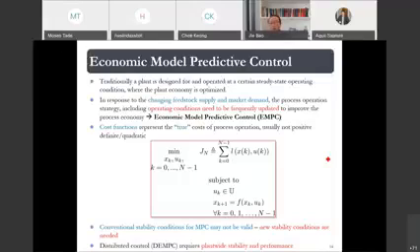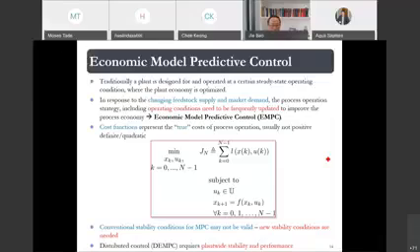Number one, the cost function is no longer quadratic or positive definite, not necessarily. So many existing stability conditions for model predictive control that require positive definite and quadratic cost functions may not be valid anymore. So we need to have a new stability condition or stability design to ensure the stability of the economic model predictive control.